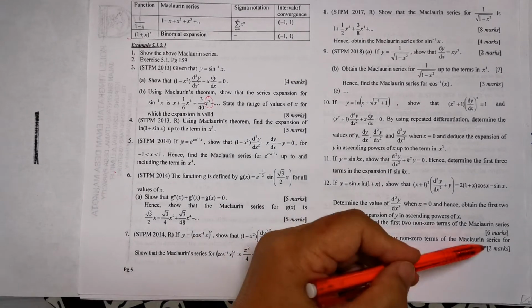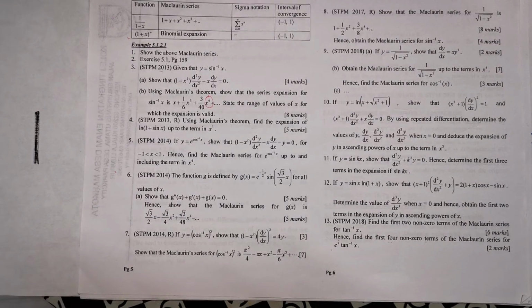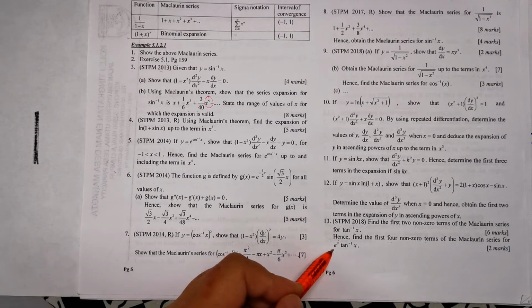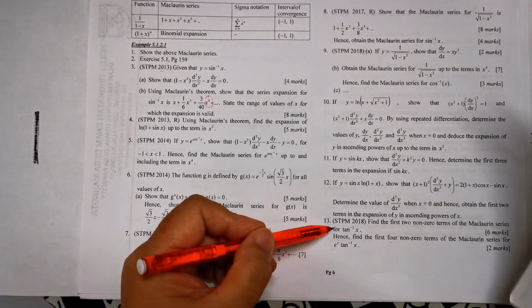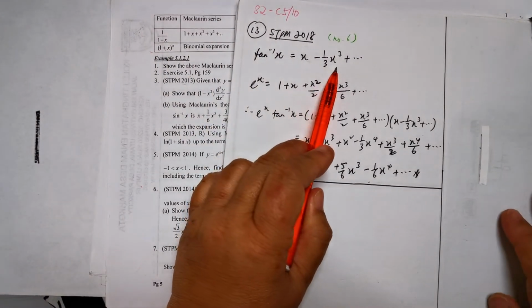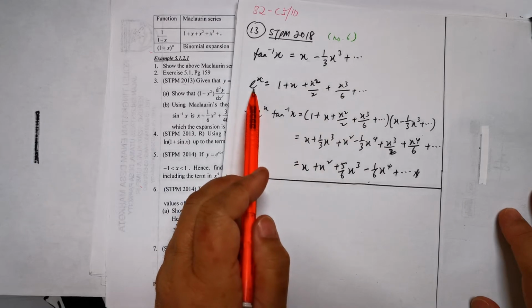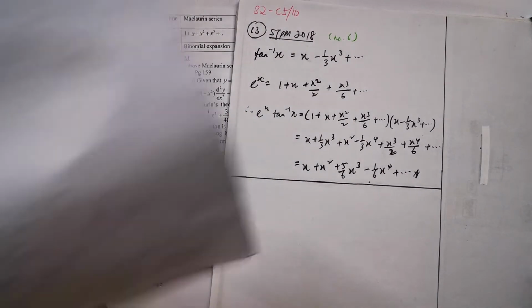Okay, 2 marks only. So definitely you don't have to show the whole step of how to find the expansion for e^x. Alright? So just now in part A, we got this arctangent, the first two non-zero terms. And the Maclaurin series for e^x, again, remember you can find it in your formula list.